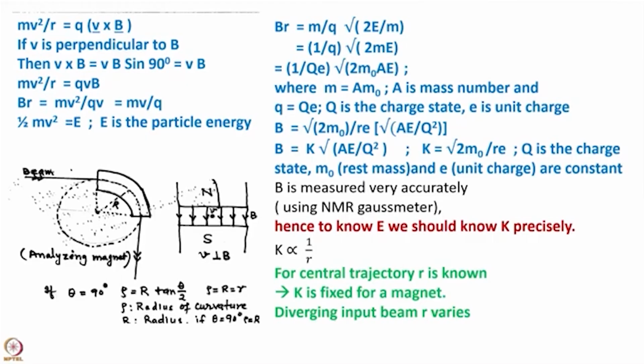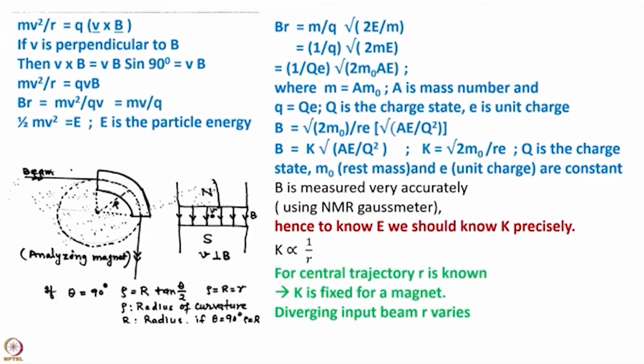Using this, we can write v in terms of energy. Then Br equals m upon q times root of 2E divided by m, or taking m inside, Br equals 1 by q times root of 2mE.